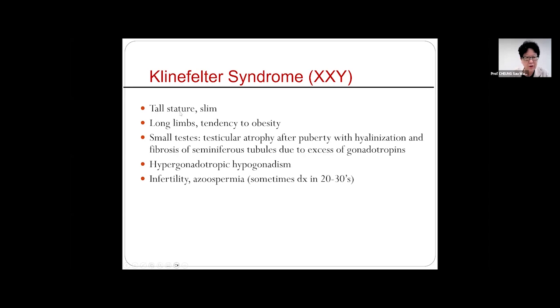They usually tall stature, slim, long limbs, tendency to obesity, small testicular atrophy after puberty with hyalinization and fibrosis of seminiferous tubules due to excessive gonadotropins. And actually, nowadays, these patients can be treated.